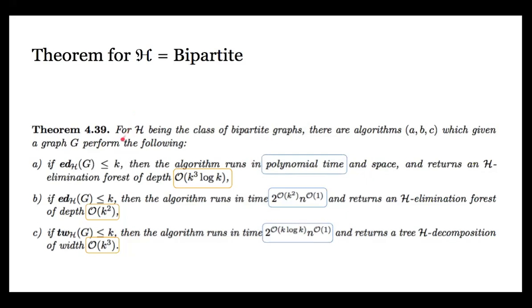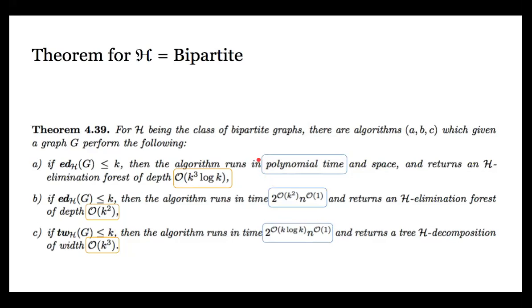The first is an approximation algorithm that computes an H-elimination forest with this approximation ratio, and this algorithm works even in polynomial time. We can improve this approximation ratio a bit, but when settling for a worse running time and exponential space.